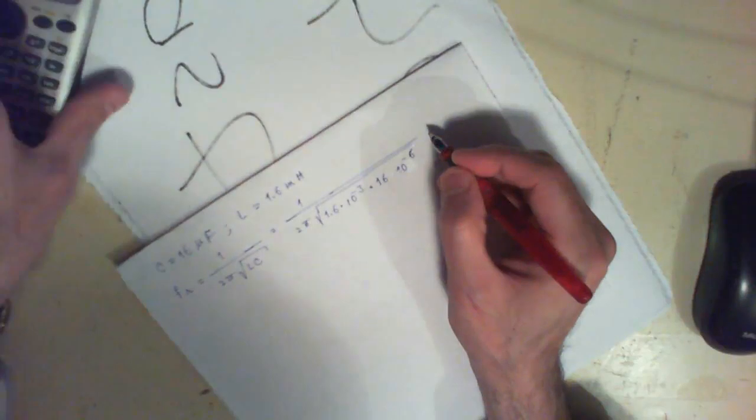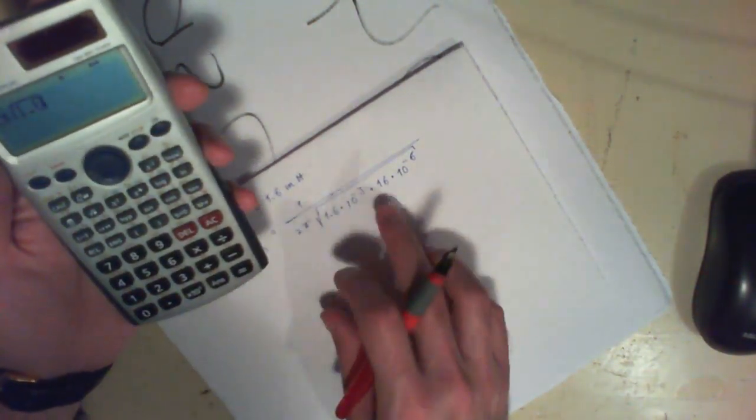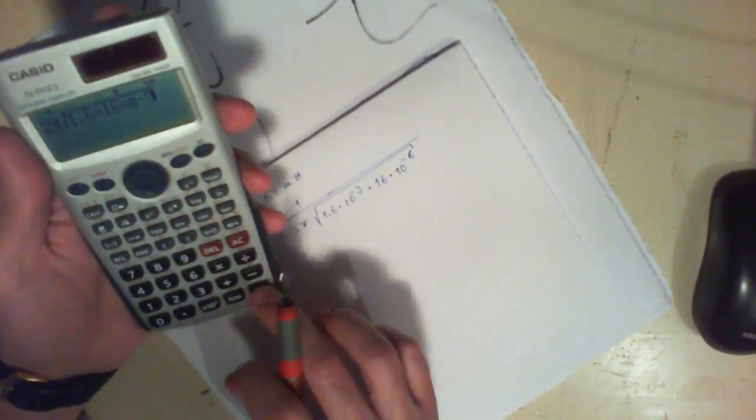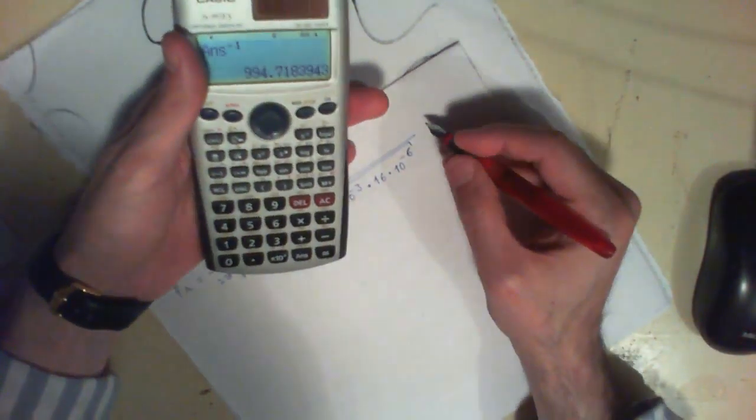This is equal to 2 pi into the square root of 1.6 into 16 into 10 raised to the power negative 9, and take the reciprocal of that, you will get 994.7 hertz.